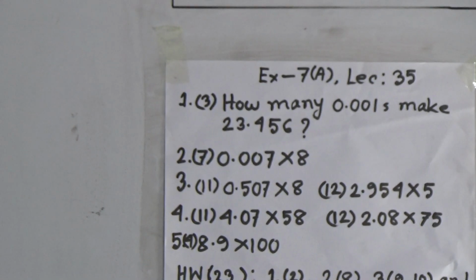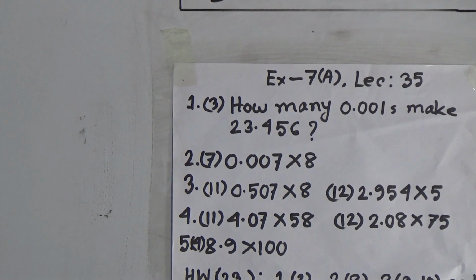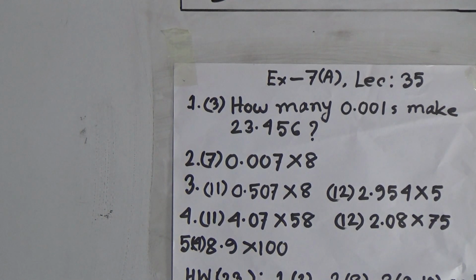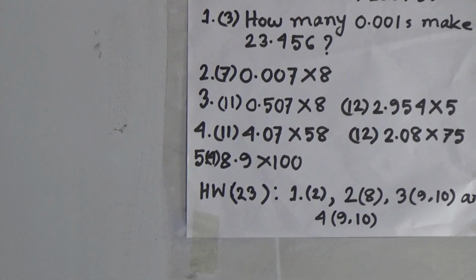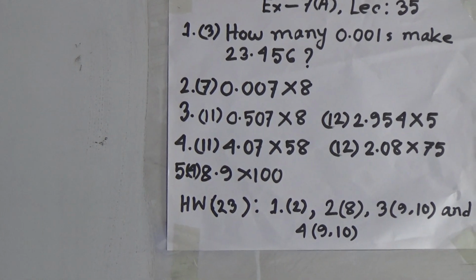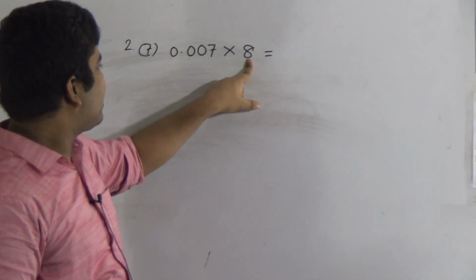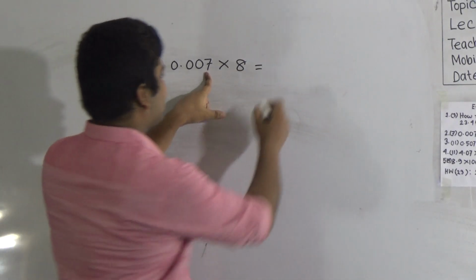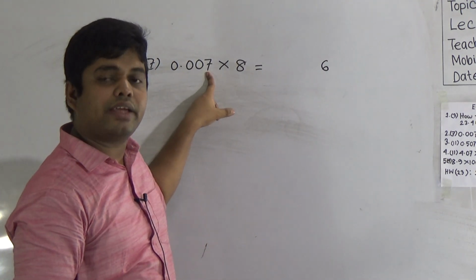Next we shall solve question number 2. Okay, from 2 there are a lot of questions, but we shall solve only question number 7. Here you notice the question is 0.007 multiplied by 8. Dear student, please notice. We multiply 0.007 by 8. That means 8 sevens are what? 8 sevens are 56. From 56 I write here 6 carrying 5.